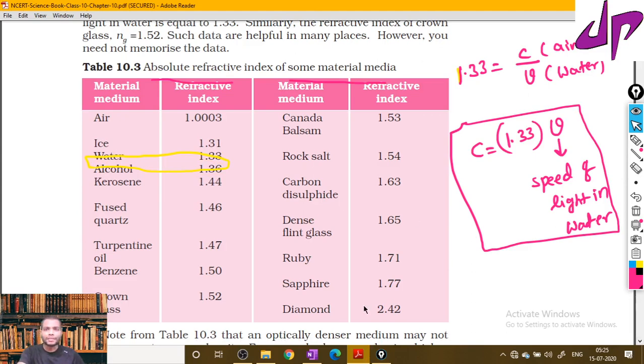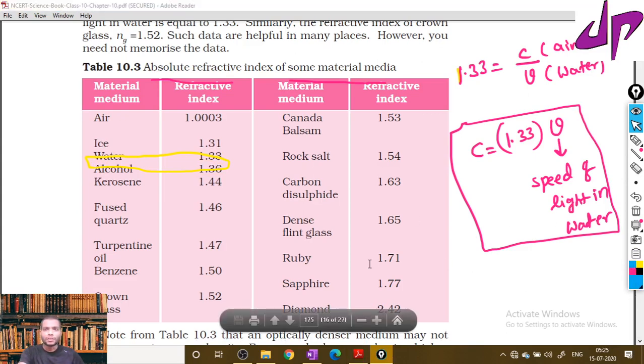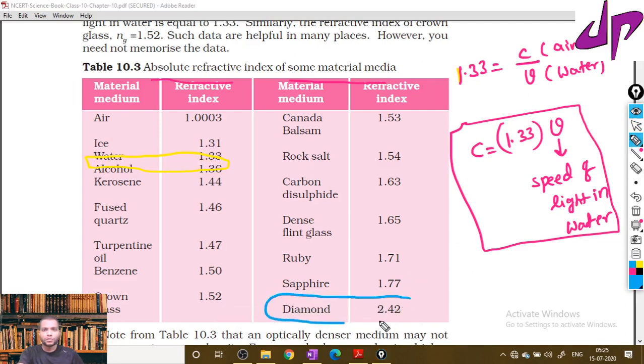Suppose you see diamond. Here diamond is also showing a refractive index value. The diamond value is 2.42, the highest refractive index material. It means in this material, the speed of light compared to vacuum is less. How much less? It is 2.42 times lesser than in vacuum. We take one more example. The refractive index of crown glass is 1.52.